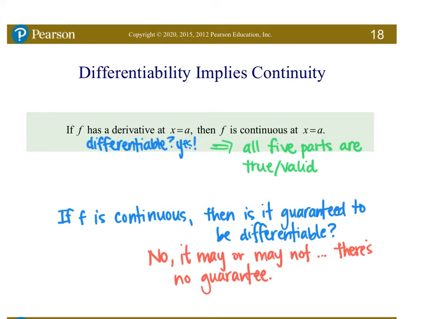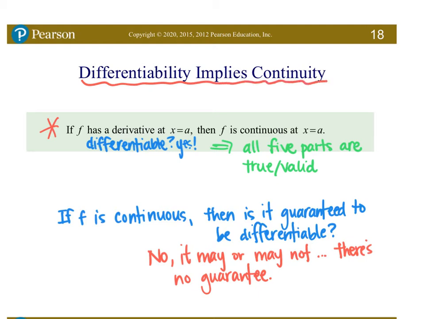But if you say it this way, if f is differentiable, or if f has a derivative, then you know you've gotten through all 5 of the requirements, and so you can assume that it is continuous. Okay, so differentiability implies continuity. That's the title of this slide.